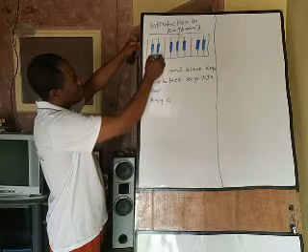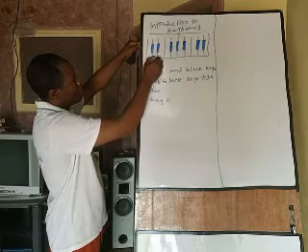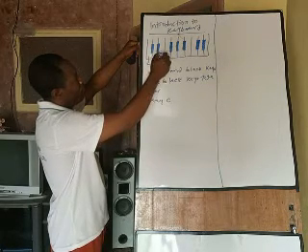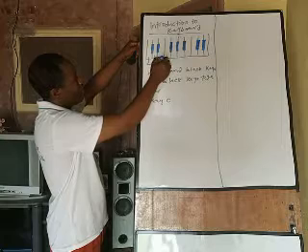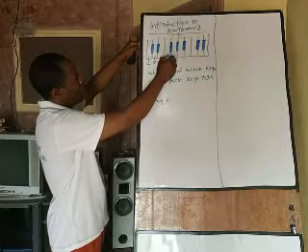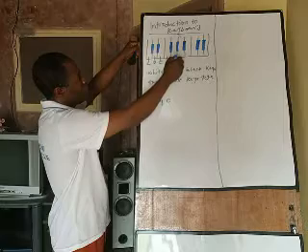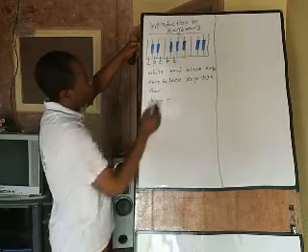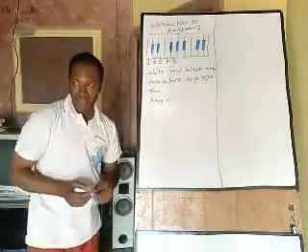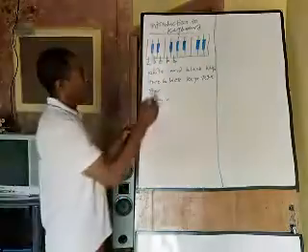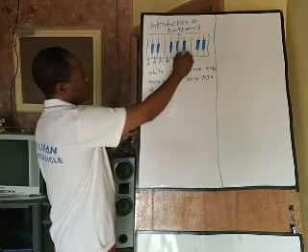Alphabetically, this will be D, followed by E, followed by F, followed by G. After G, we go back to A in keyboard or in music generally.